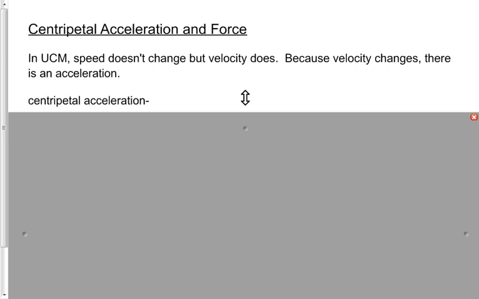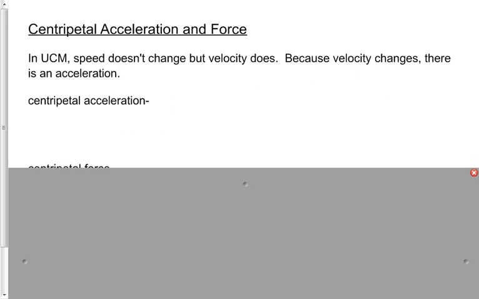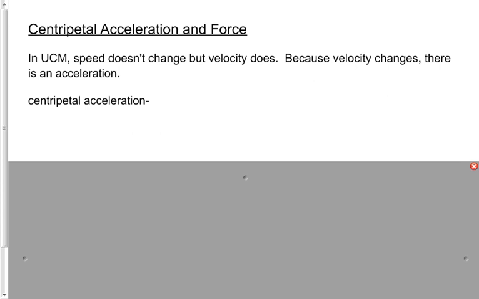The centripetal acceleration is the acceleration of an object moving in a circle directed toward the center. So the acceleration, just as Lewis said, is directed toward the center. I'll explain why in a minute.